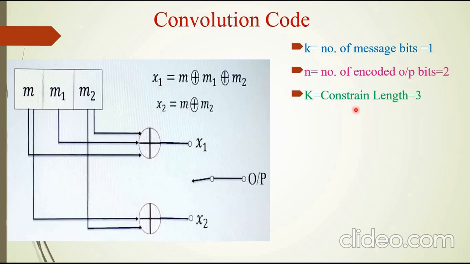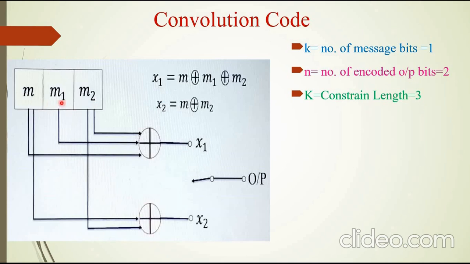And the third is constraint length. Now what is constraint length? Constraint length defines how many shift registers are there. Here there are 3 shift registers, so the constraint length of this convolution encoder is 3.